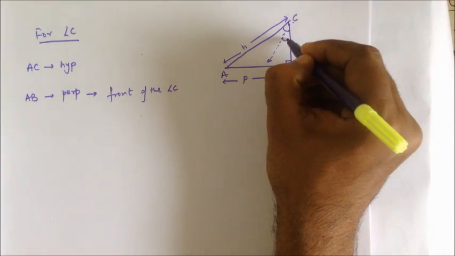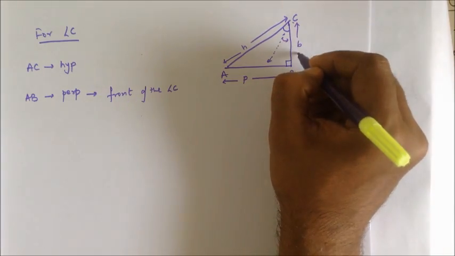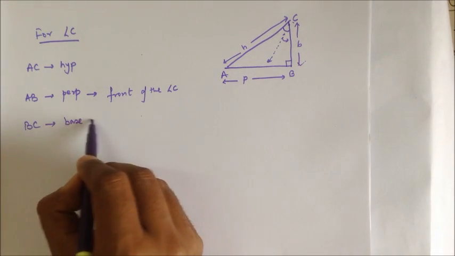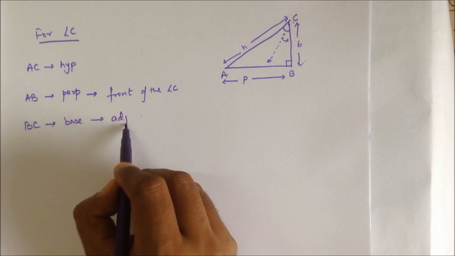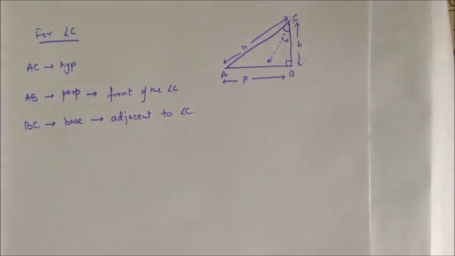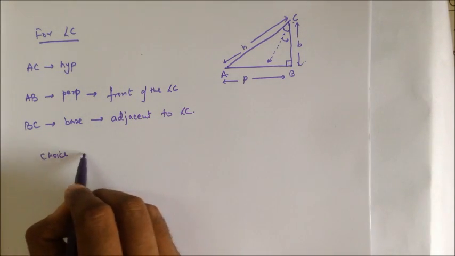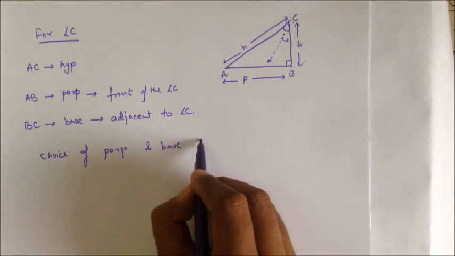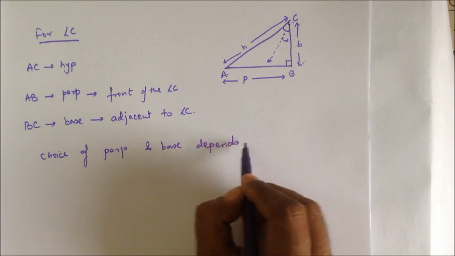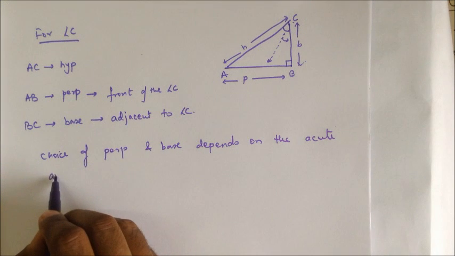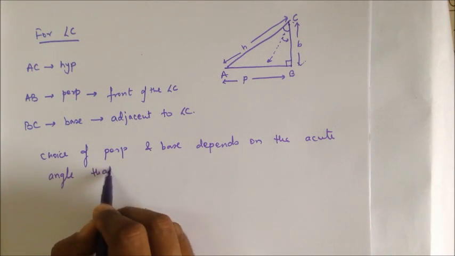Now BC, which is adjacent to it, becomes the base. Therefore BC becomes the base since it is adjacent to angle C. So as we saw earlier, the choice of perpendicular and base depends on the acute angle that we pick.